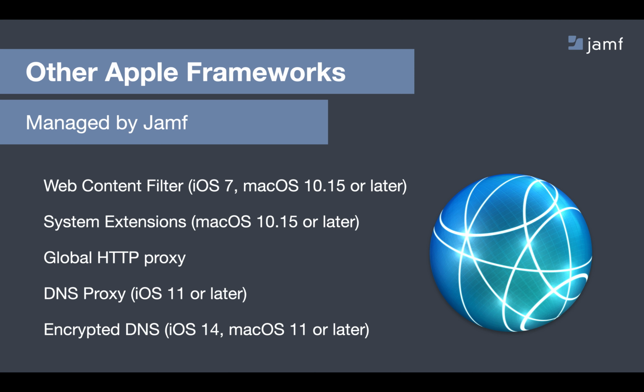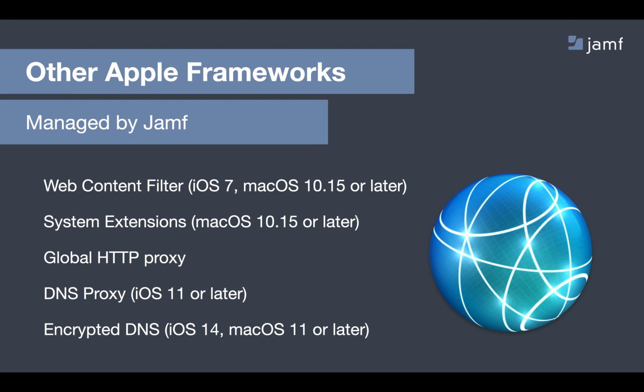While the following types of Apple technologies may not route network traffic from remote users through your internal network, these can assist in defining where and what devices can access through the network, which may be equally or more important for your needs. Things like web content filter, plugins that can be installed on iOS and macOS managed by MDM, system extensions, specifically the network extension type introduced in macOS Catalina, and then other types of proxies and DNS proxy and DNS encryption.